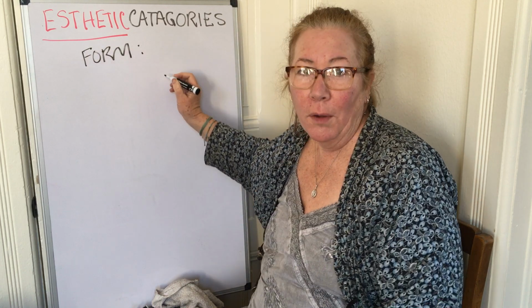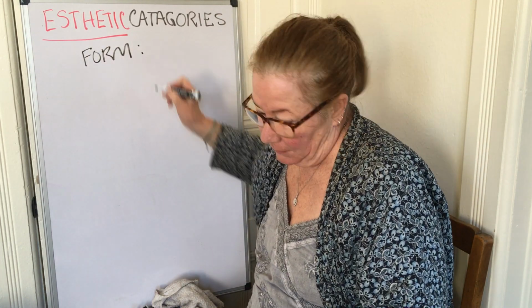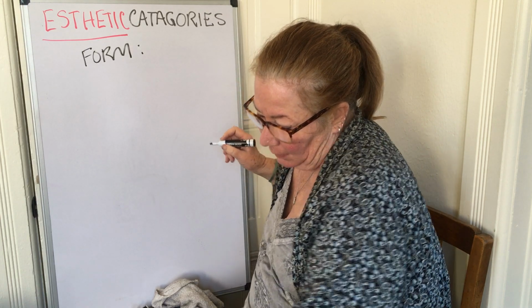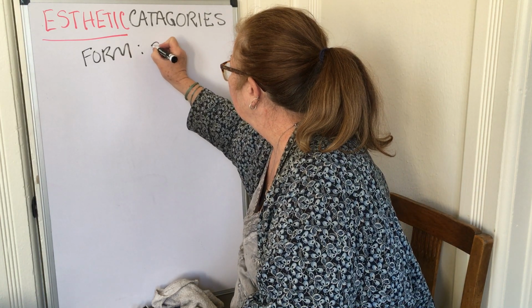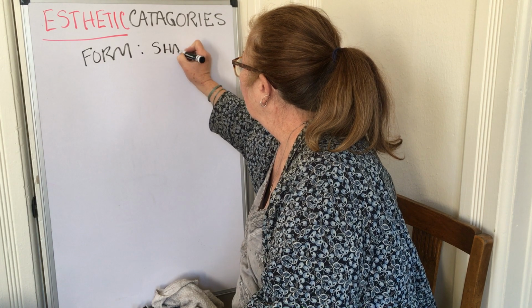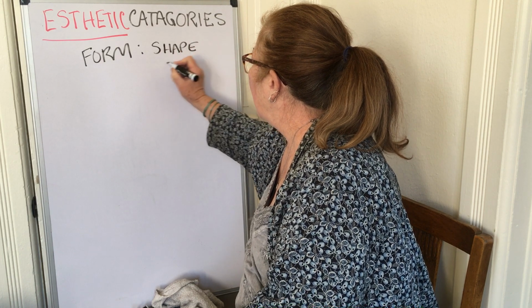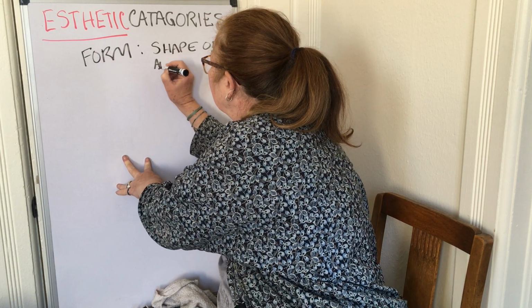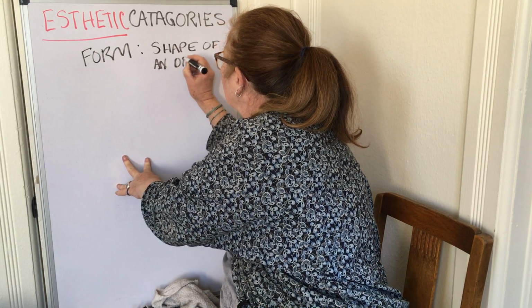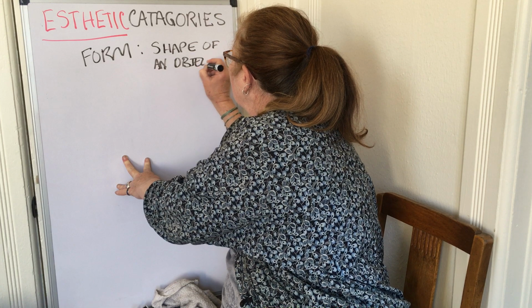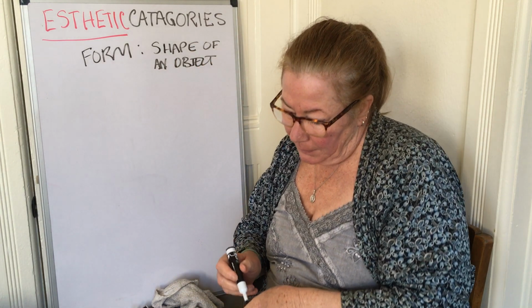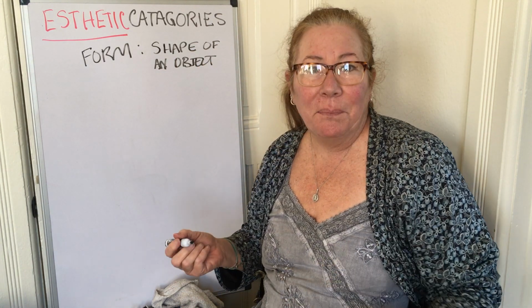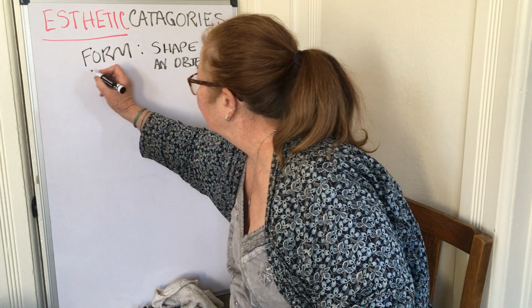All right? Form is the shape of an object. In this case, we're talking about the shape of an object or artwork. And it's basically what we see.